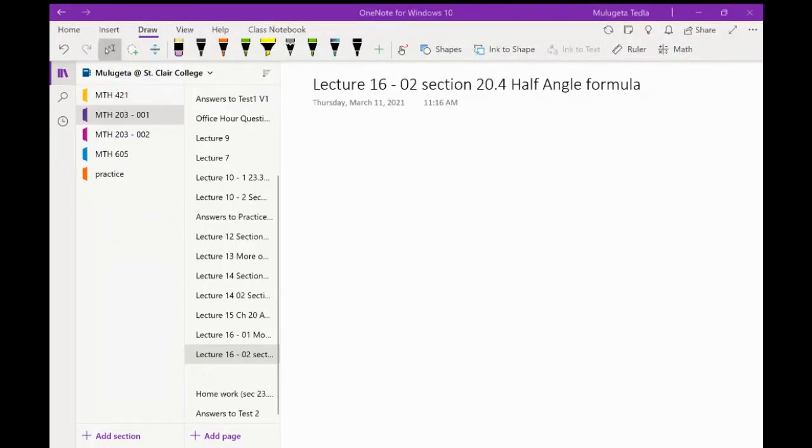So this section is... there are two sections left in this chapter, section 20.4 and 20.5, and after this, that's it. I think we can also do 20.5 a little bit, and that's for chapter 20.